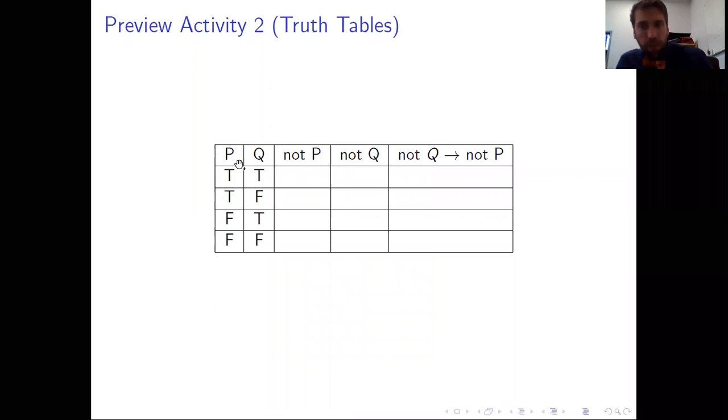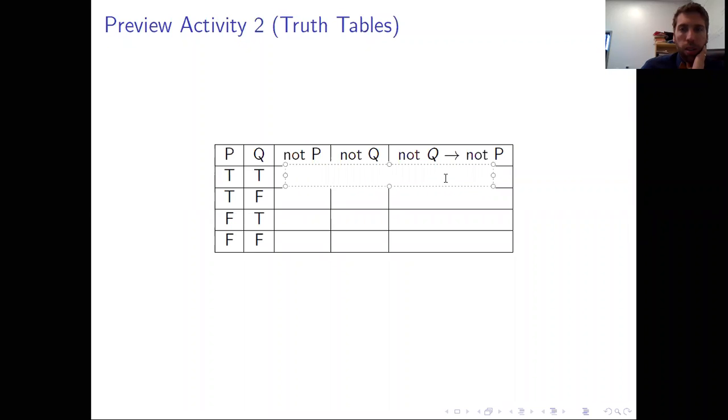Now, let's look at not P, not Q implies not P. So here we have false, and then false.